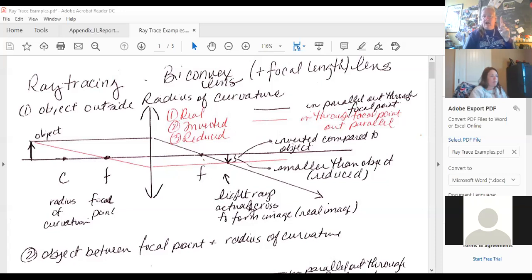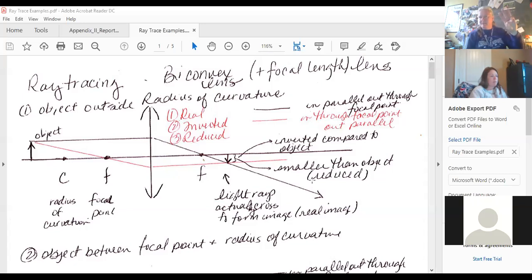Okay, the second criteria: is it upright or inverted compared to the object? This object is this way, my image is this way, so that's an inverted image. And in this case, it is clearly smaller than my object, so we say it's reduced. That's my third criteria.